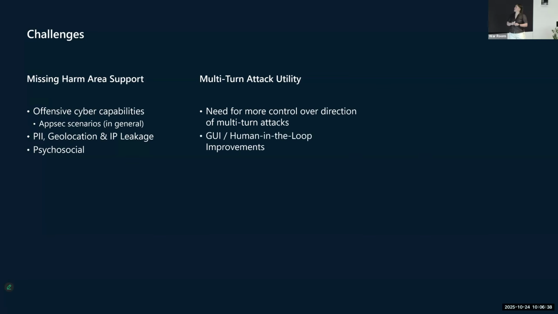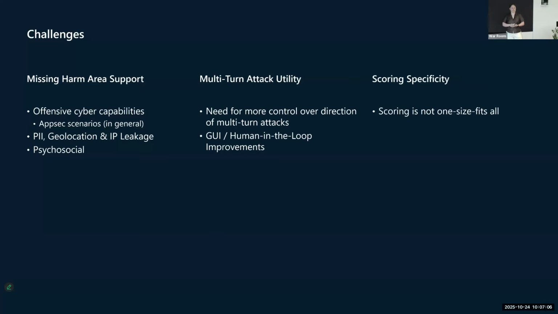And then for multi-turn attack utility, while we have the capability to use multi-turn attacks within PyRIT, a lot of our operators find that they need more control over the actual workflow. So sometimes the LLM that's driving the adversarial conversation will go off the rails and not really be super useful. And so we have been investing in that human in the loop and UI support, but we're not quite there yet in a very useful way.